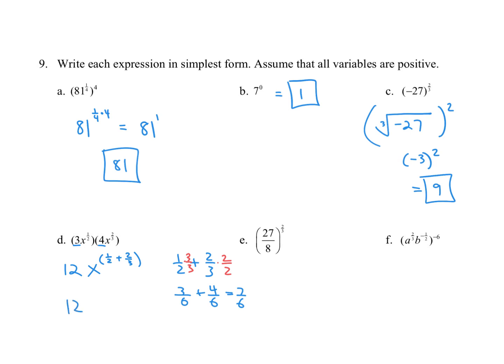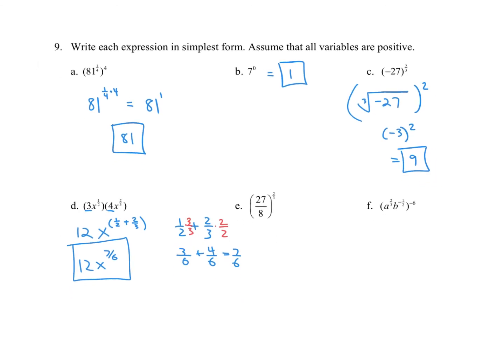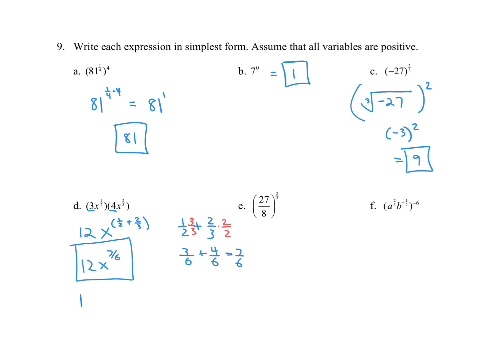So we get 12x to the 7 over 6. We could also write that as 12 sixth root of x to the 7th, which we could even simplify to be 12x sixth root of x. All of those would be equivalent.